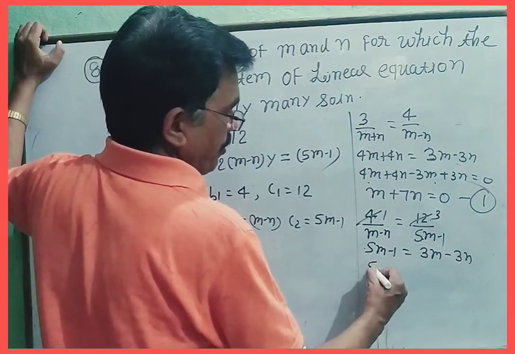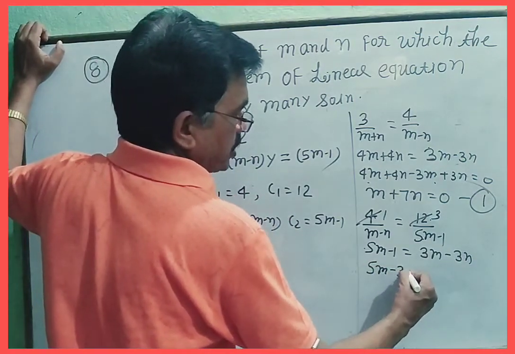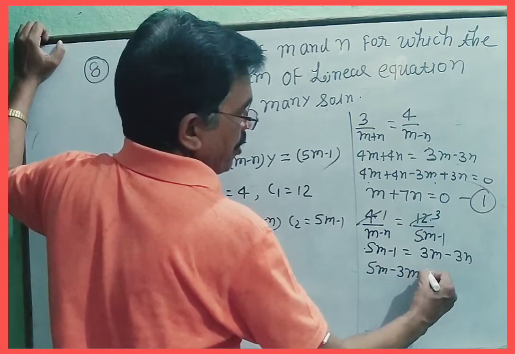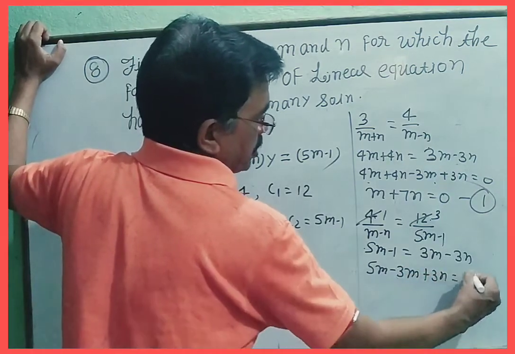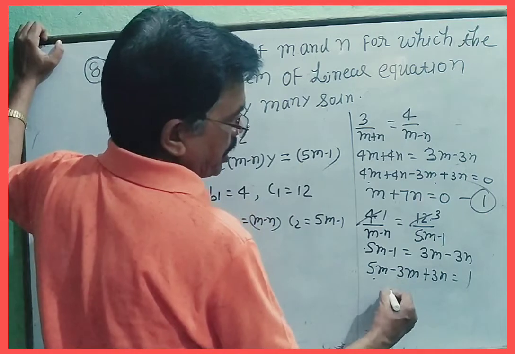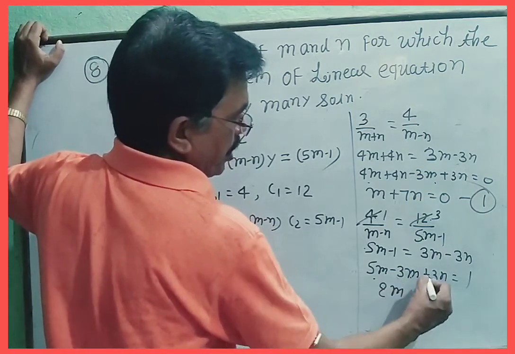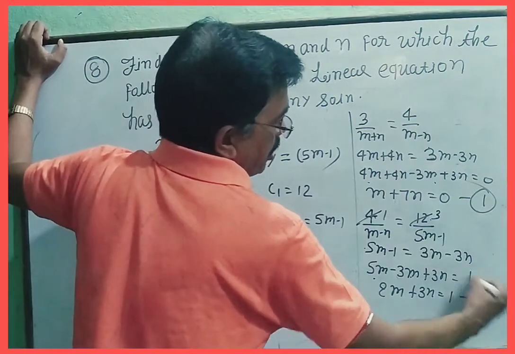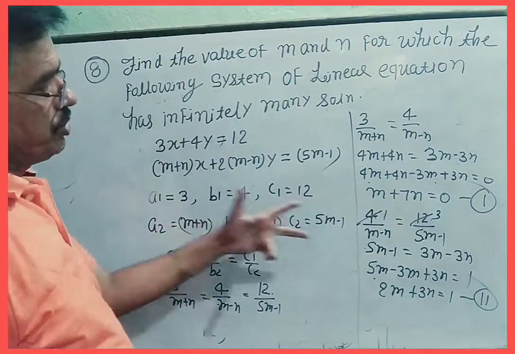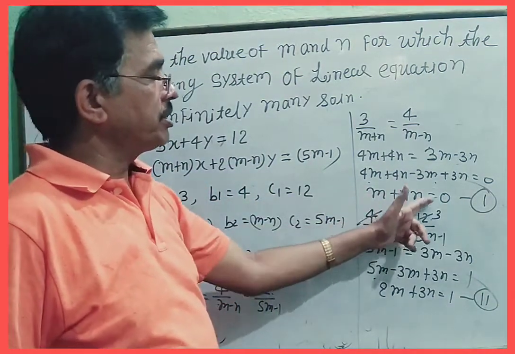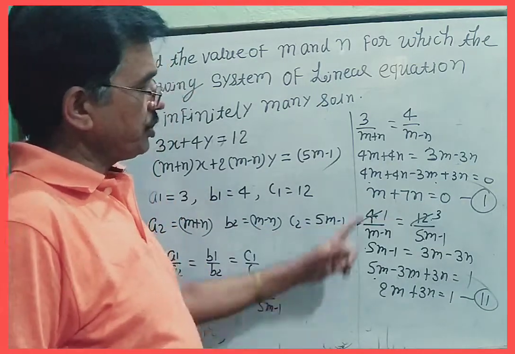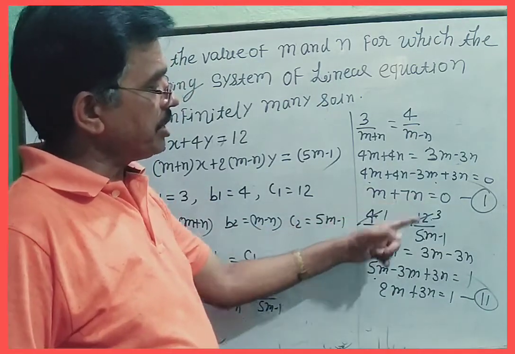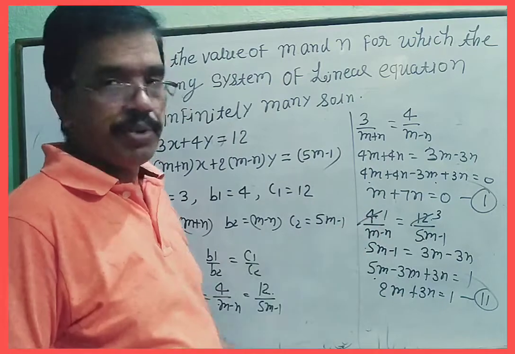Here you write 5m minus 3m plus 3n is equal to 1. So 5m minus 3m, 2m plus 3n is equal to 1. That is the second equation. And from these two equations, we get linear equations in two variables, and by the substitution method or elimination method, we can find the values of m and n.